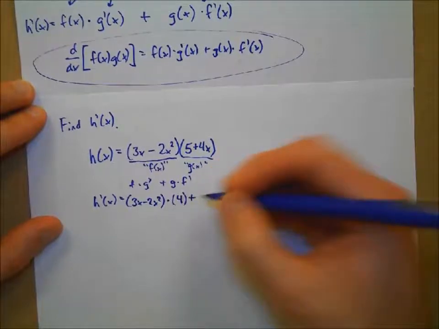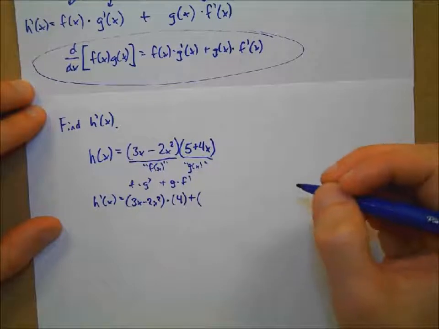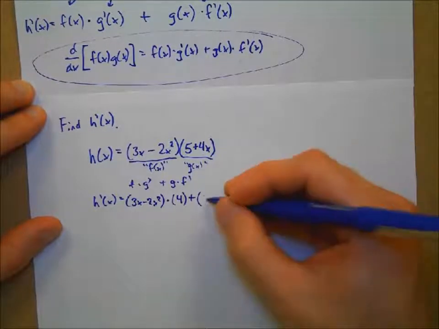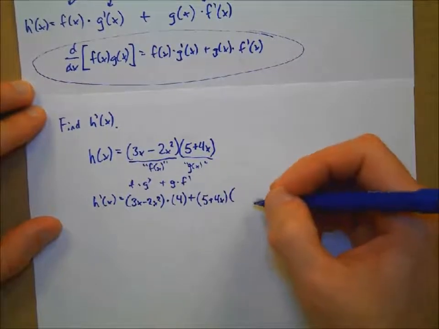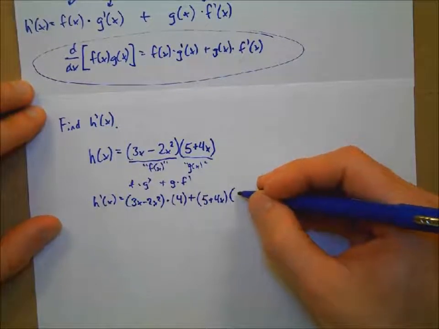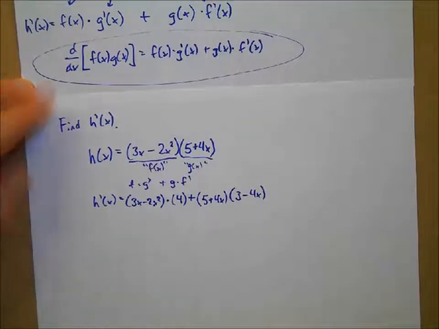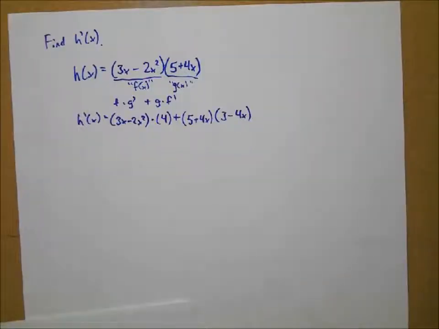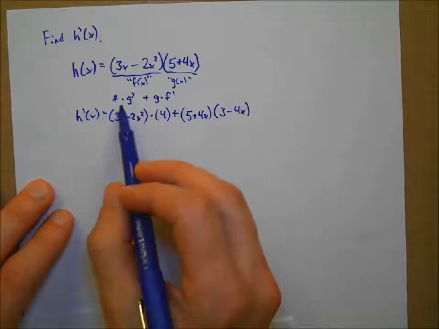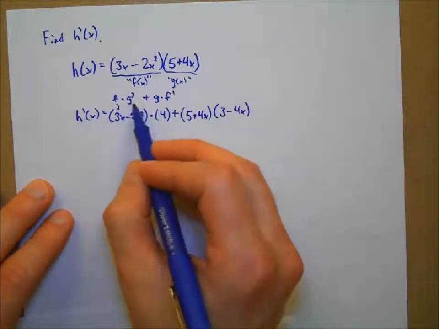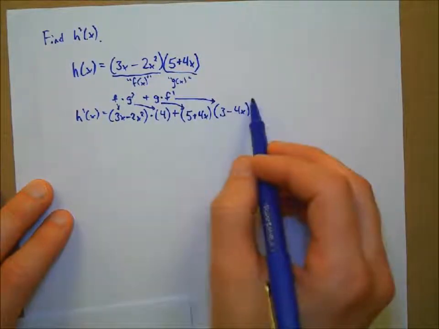Plus, what's g? 5 plus 4x times f prime. What's the derivative of f? What's f prime? 3 minus 4x. There's h prime. That's it, right there. Okay, that's the derivative. There's f, there's g prime, there's g, there's f prime.